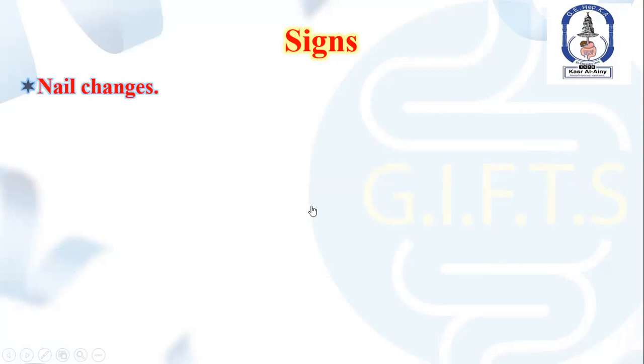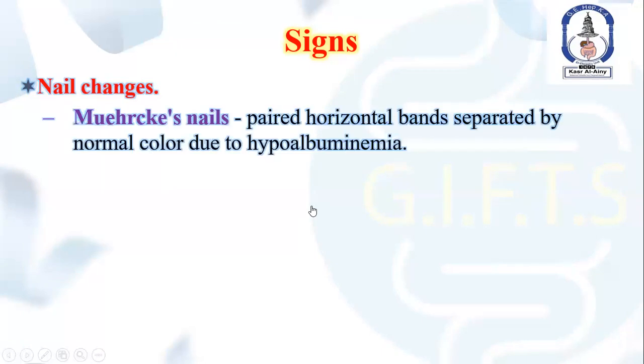There are some very important changes in the nails. And of course, it is very common in an examination that with a patient with liver cirrhosis you are only asked to examine the hands. Remember that we said in the hands there would be palmar erythema, there would be flapping tremors, and of course the nail changes.